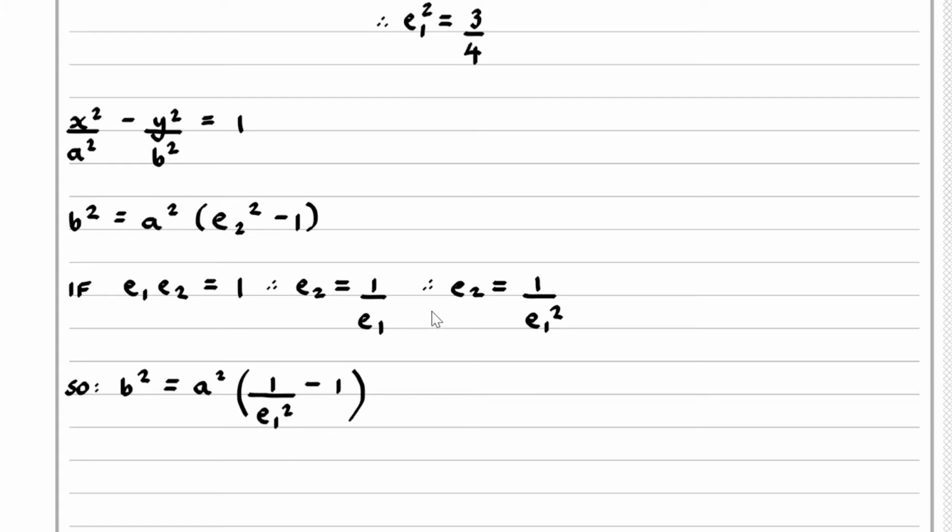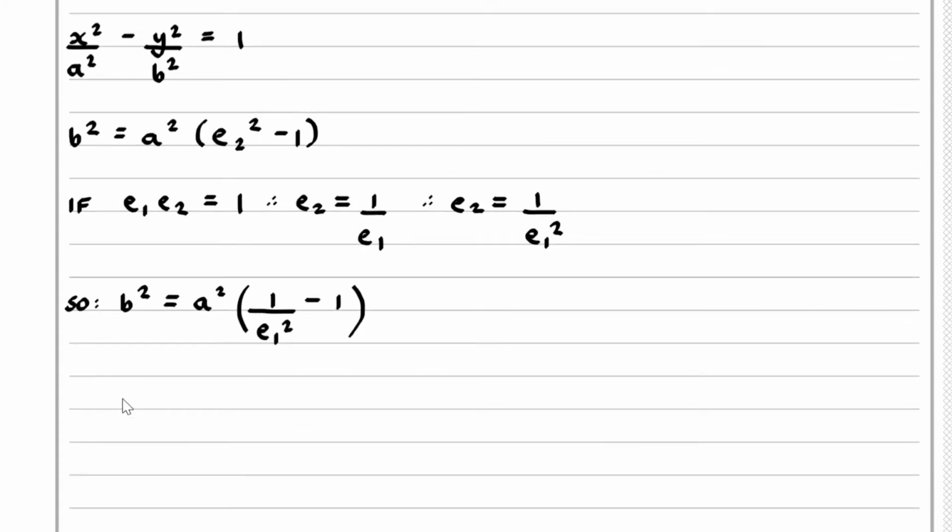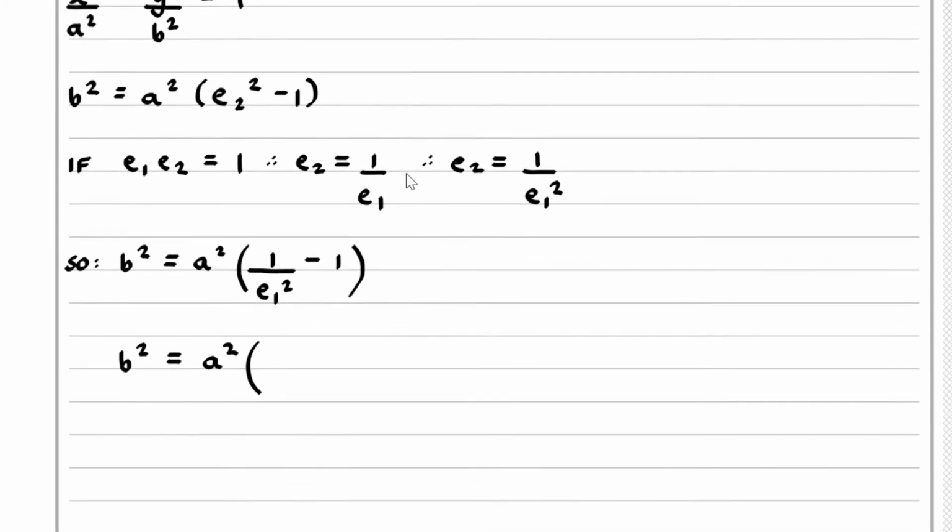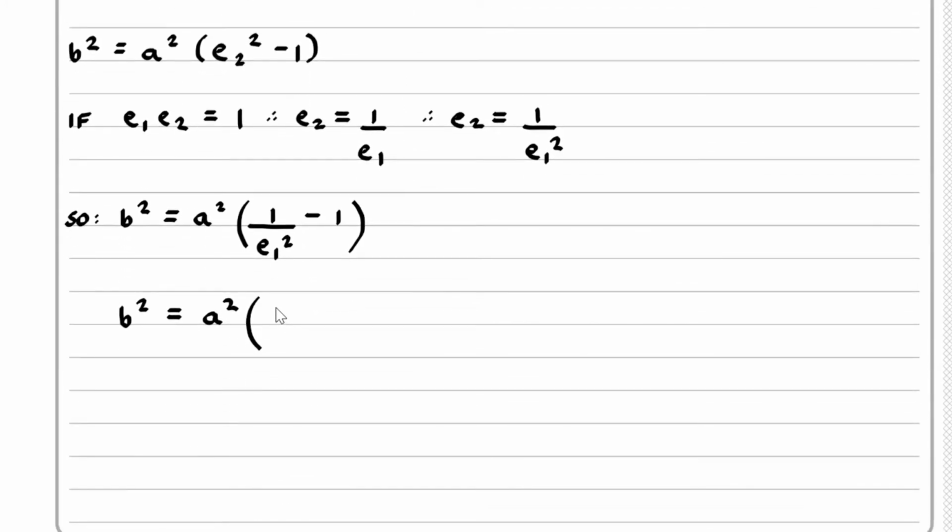And knowing that e1 squared is 3/4, we have b squared equals a squared multiplied by 1 over e1 squared, so that's 1 over 3/4, which is 4/3.